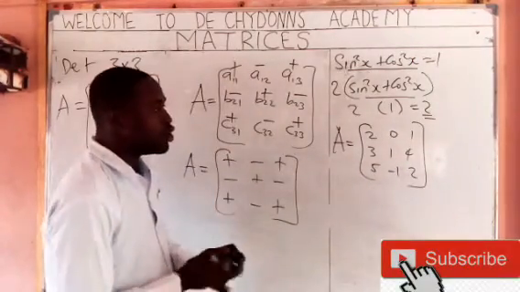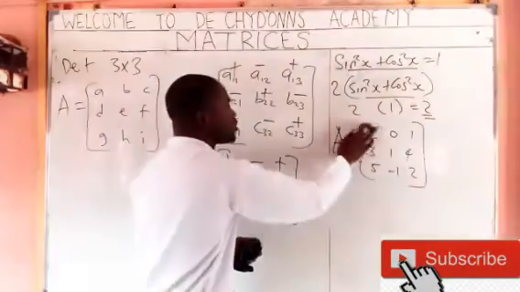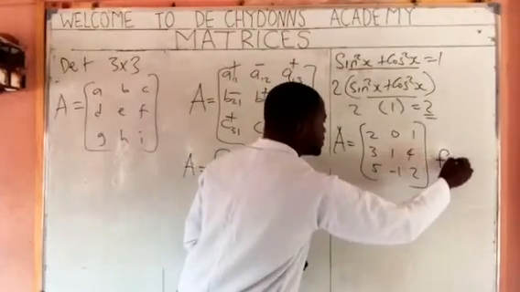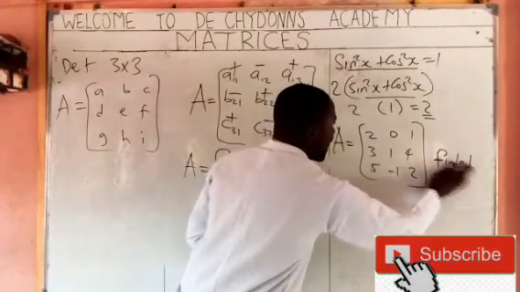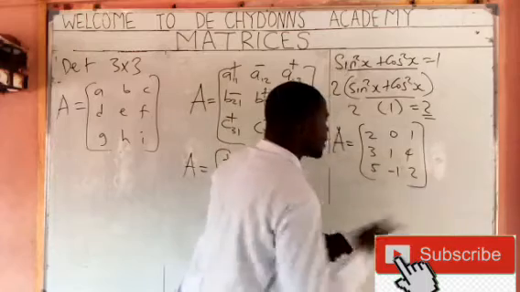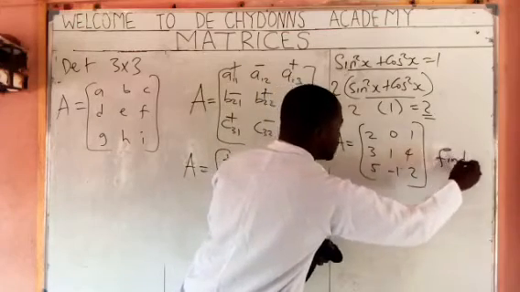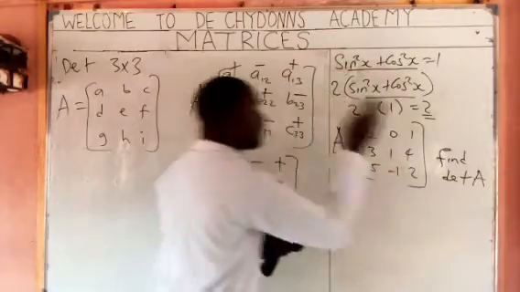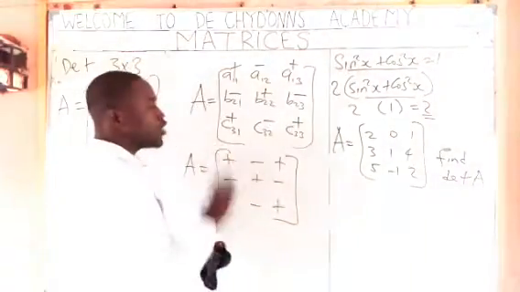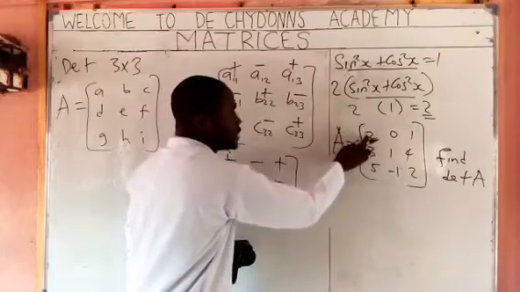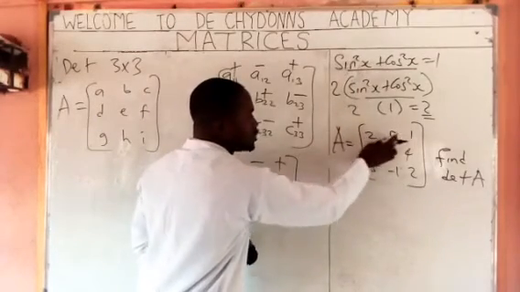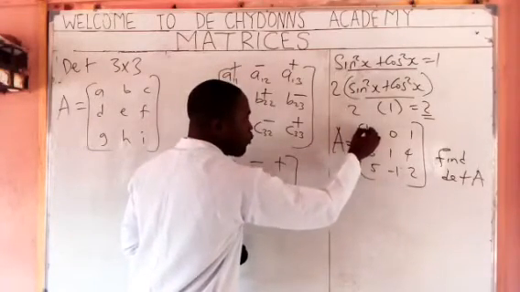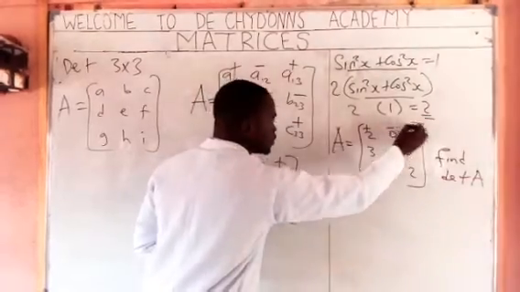All you do when they give you this type of question and they say find the magnitude of A, it means find the determinant. So see what you do. These first three elements, 2, 0, 1, have the signs plus, minus, plus, as we saw.